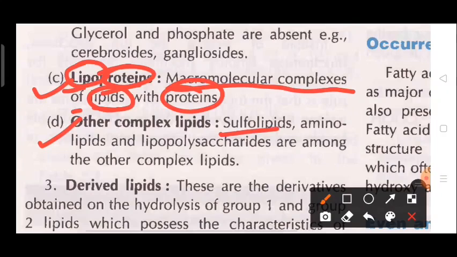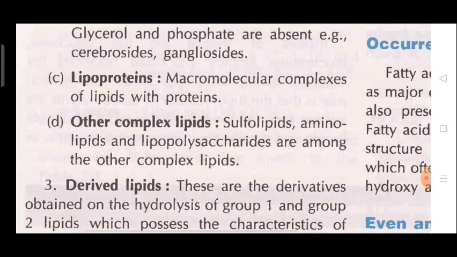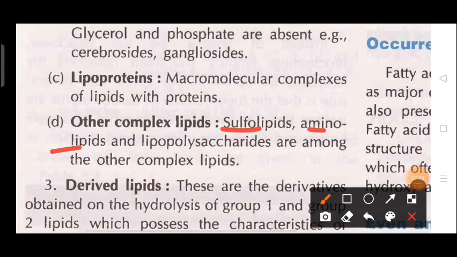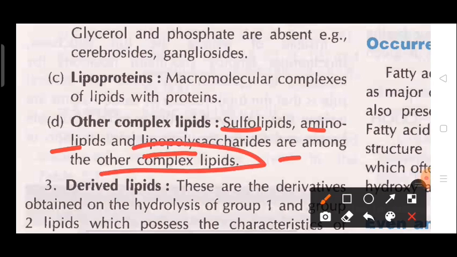The sulfolipids, aminolipids and lipopolysaccharides are among the other complex lipids.